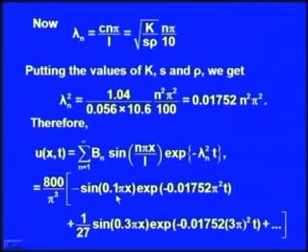We have seen that when n is an odd integer, V n has value 800 over n cube pi cube. So, this is the term corresponding to n equal to 1, where we have made use of the value of lambda n square as this, and this is the term corresponding to n equal to 3.